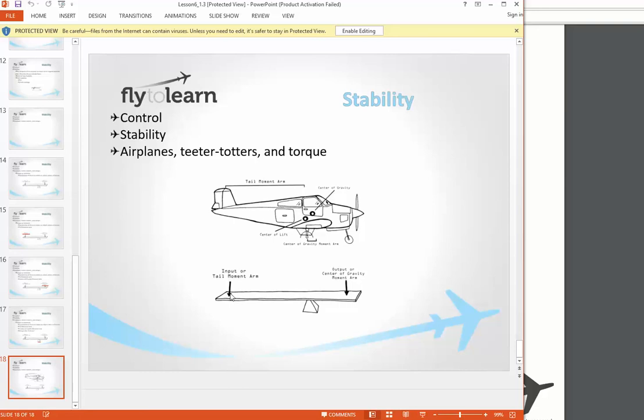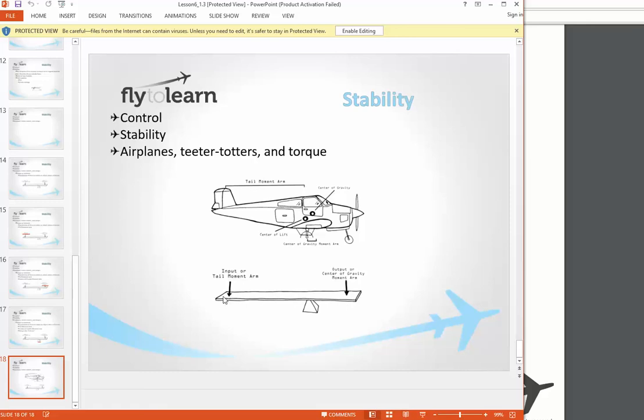So if a tiny force is applied on the very end or the very tail of your aircraft, a force is produced on the nose. Some of you already mentioned this earlier, but if I were to push the seesaw down on the left side, what happens to the right? It goes up.